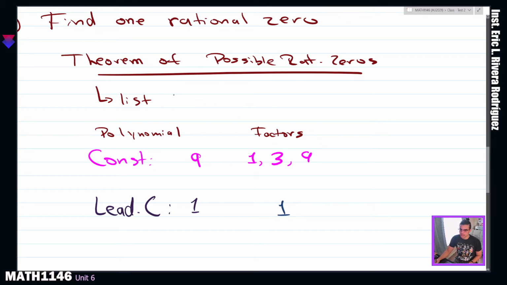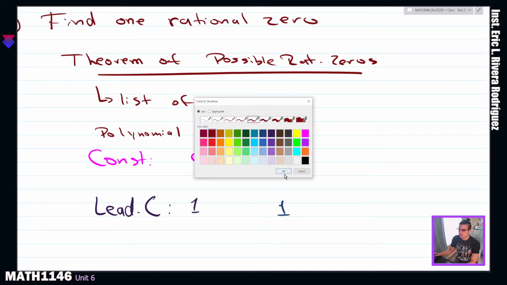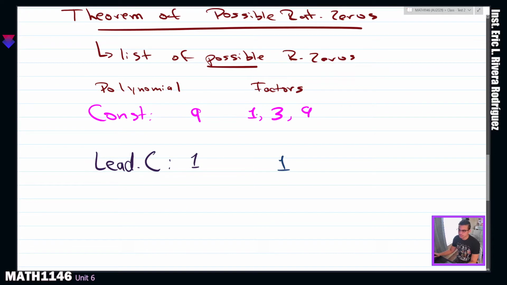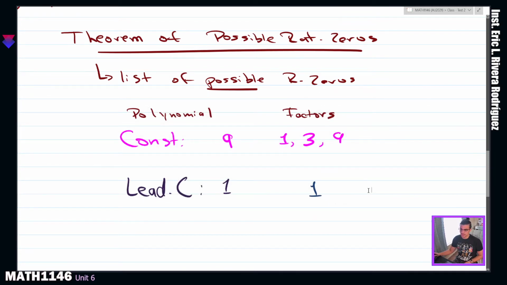We are going to create a list of possible rational zeros. Okay, the key word here is possible. All right, so how are we going to create the list of possible rational zeros based on the factor of the constant value and the leading coefficient?